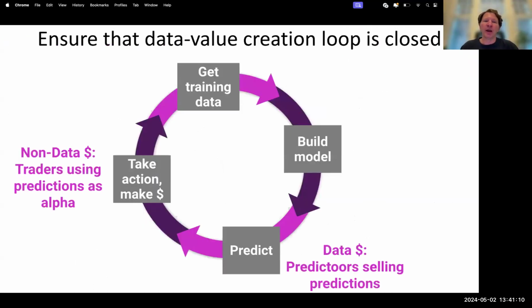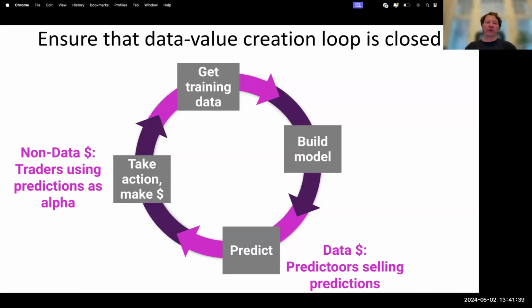And then we first of all ensured that the data value creation loop is closed, right? How? Well, on the data side, which is the predictions, we're going to have predictors selling predictions. And I'll show later how these predictors are also building the model and getting their training data. So they're handling all three. And then for the non-data side, it's traders using the predictions as alpha. So they're going to take predictions and use that to decide how to trade.